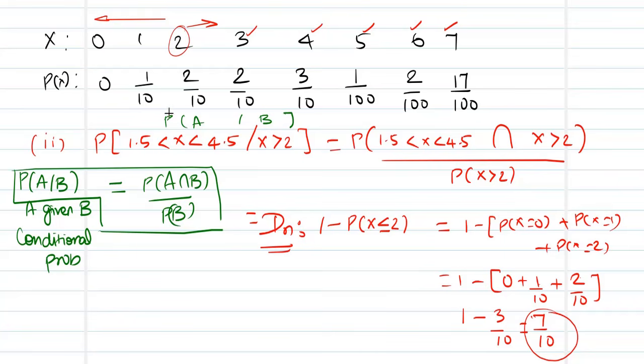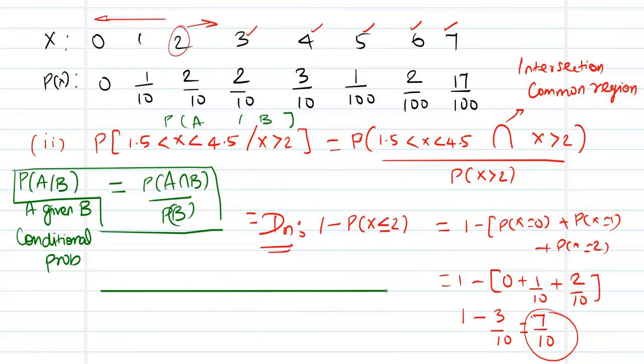Now let us quickly move on to the numerator part. We have A intersection B. Let us one more time recollect what we mean by intersection. Intersection means common region or common portion. Okay, so now let us have a number line which represents the numbers from say 0, 1, 2, 3, 4, 5, 6, 7.